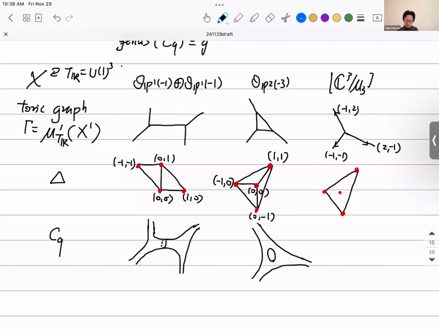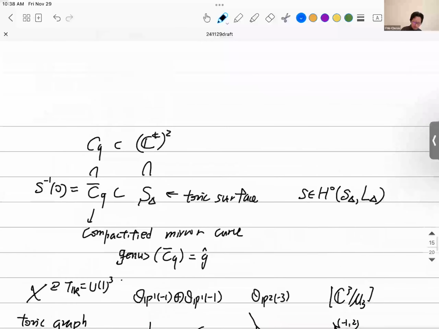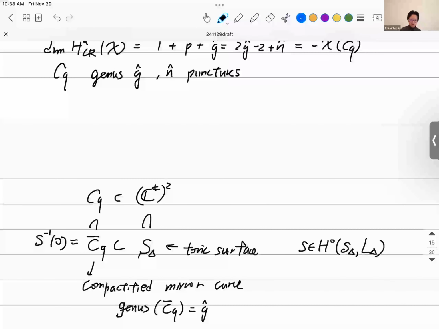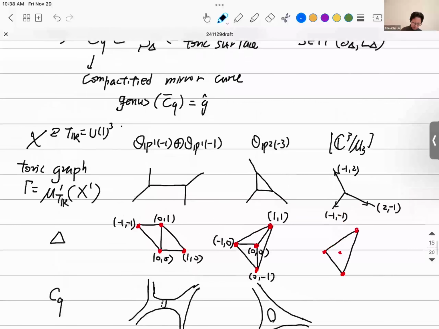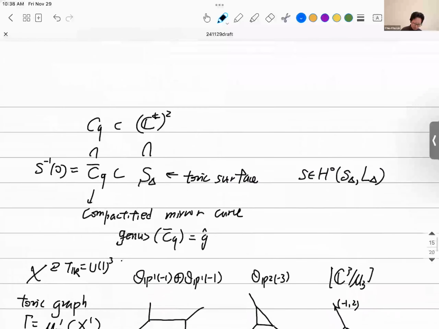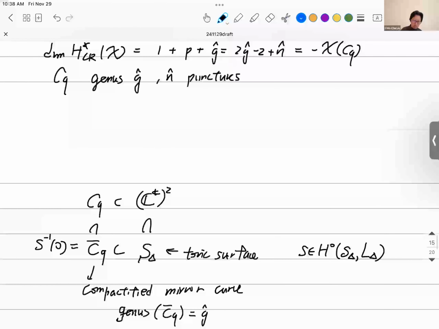So this allows us to continue. And then the mirror curve topologically is still genus 1 with 3 punctures. And finally we have this polytope. So this is really the topological type of the mirror curve in general.